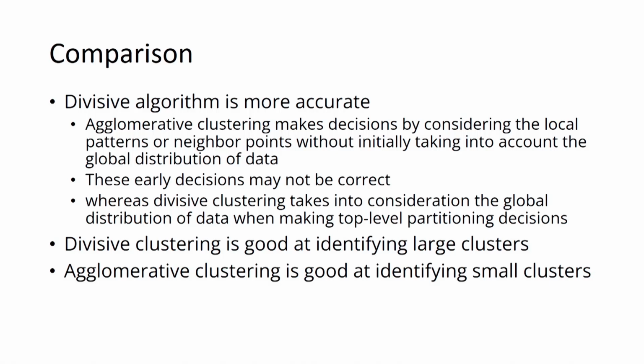So, suppose we need to find only 5 clusters, while in our data set we have 100 data points. It is always better to do divisive clustering, because initially all these 100 data points will be in a single cluster. Then we will divide it into 2 clusters, then one of these 2 again into 2.